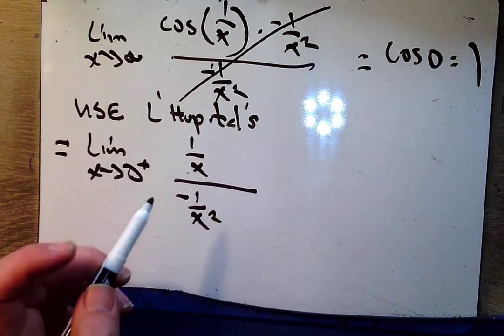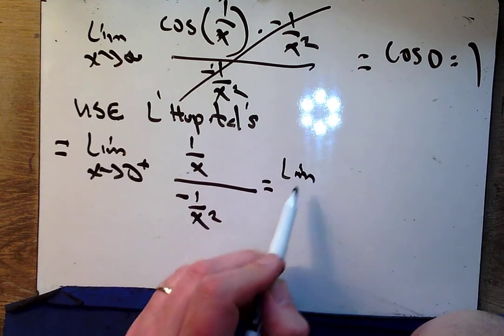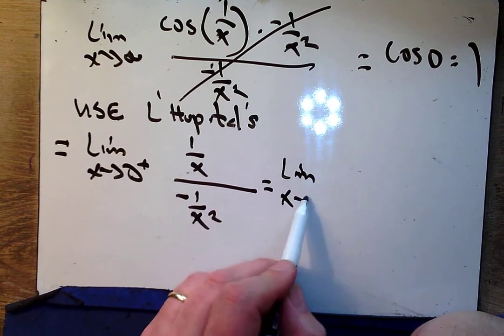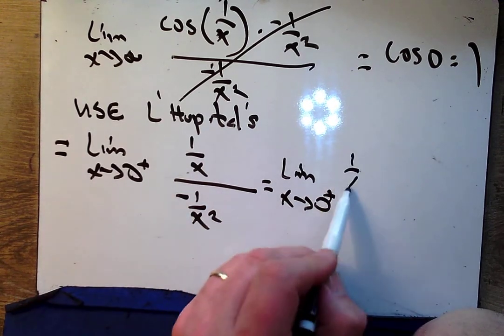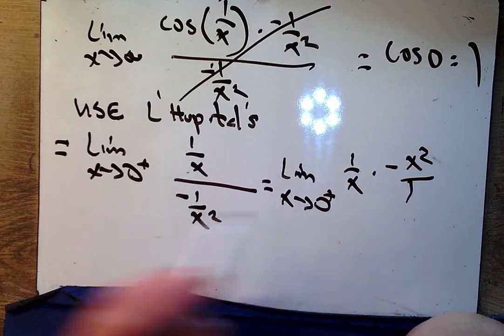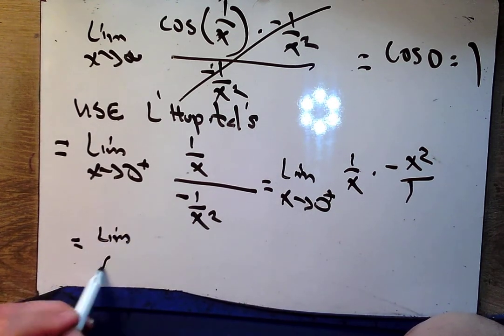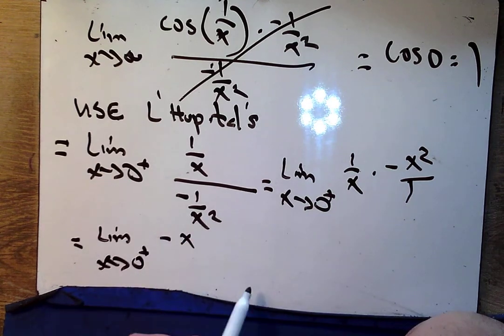This feels a little like I don't want to do that. Well, don't. That's why we taught you the other methods first. You know, I can simplify this algebraically to be 1 over x times negative x squared over 1, which is going to be the same as the limit as x heads to 0 from the positive of negative x.